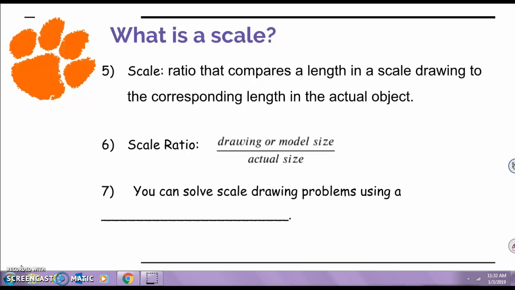So the scale ratio is set up as the drawing or model size over the actual size. When you write your scale as a ratio, remember the drawing or model size is your numerator and the actual size of the object or model is your denominator.